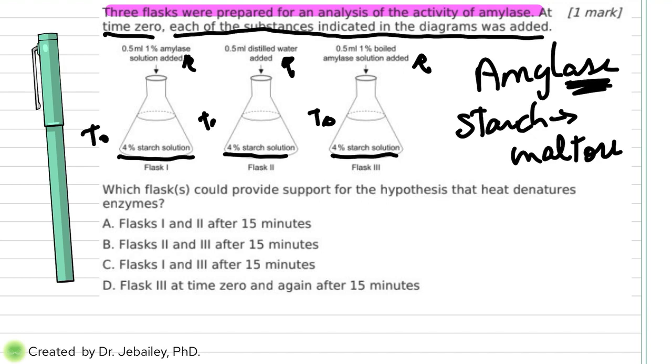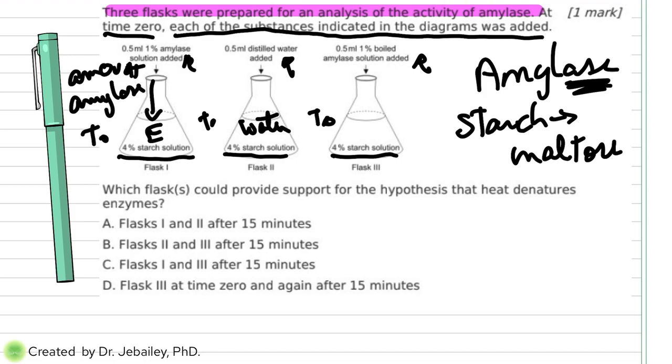Now, here we're having different scenarios. What are the scenarios? In the first scenario, we just have a certain amount of amylase. Just amylase, so we're just adding an enzyme. Here, we're just adding water, no enzyme.